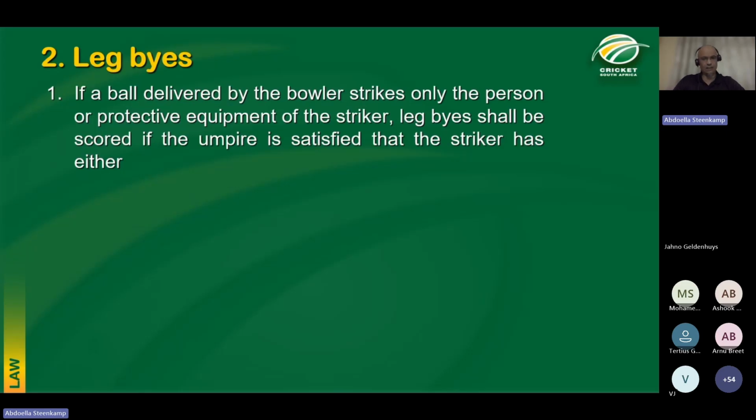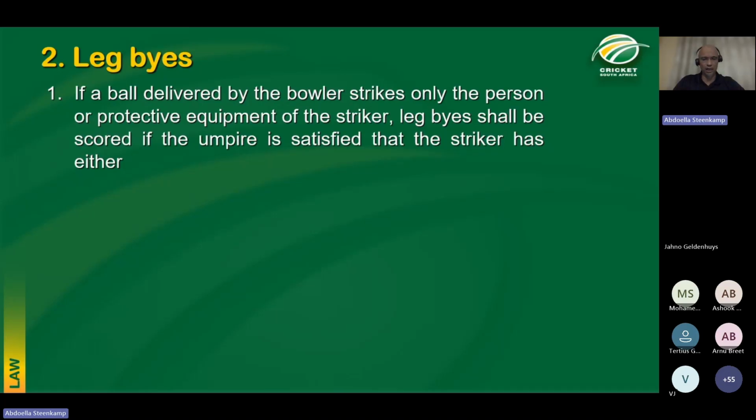Firstly, the ball needs to strike any part of the person of the striker or the protective equipment of the striker. Yes, I know they call it leg byes, and I would say probably 95% of the time it hits the leg.